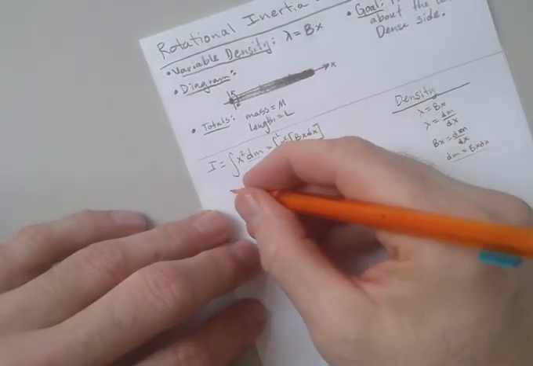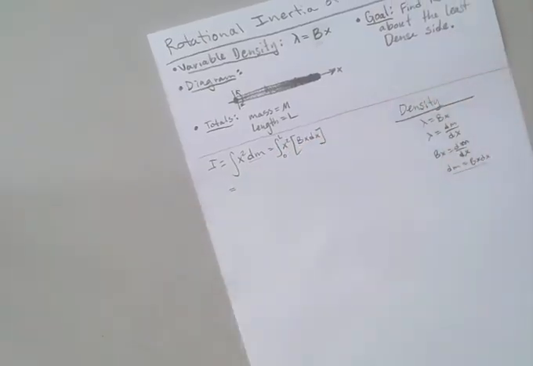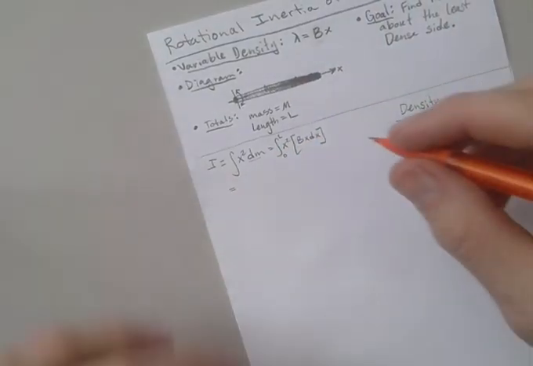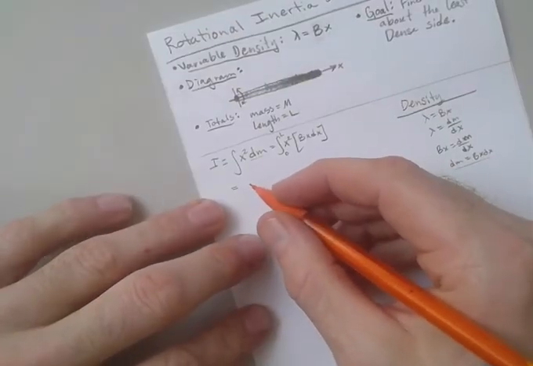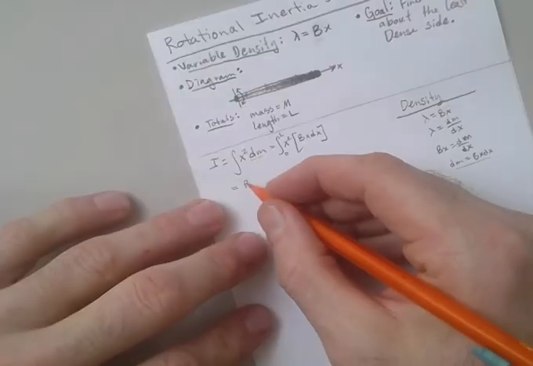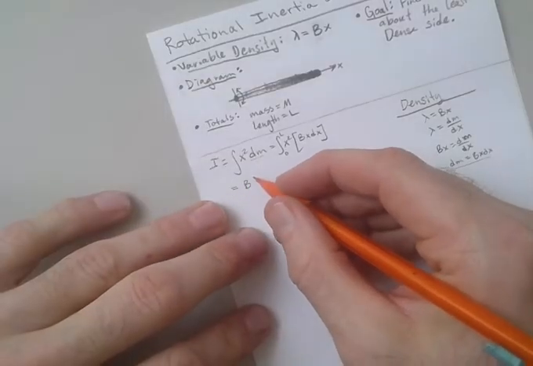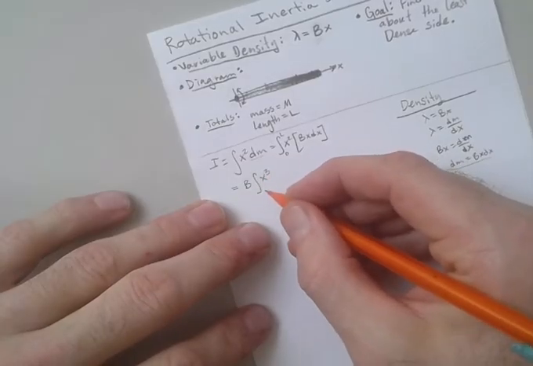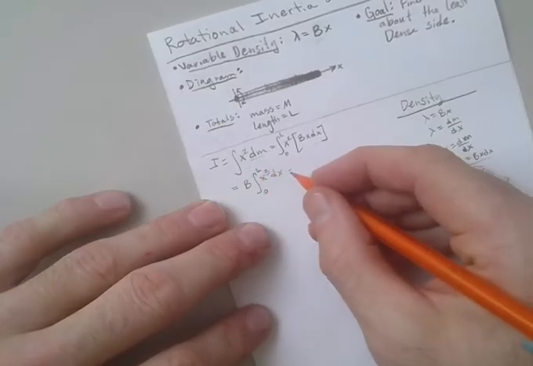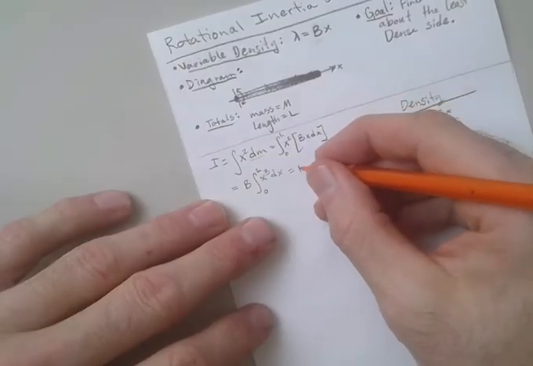Next, I can do my math. And I'm going to have b as a constant, comes out in front. I'm basically just going to be integrating x cubed from 0 to L, which is pretty straightforward mathematically.